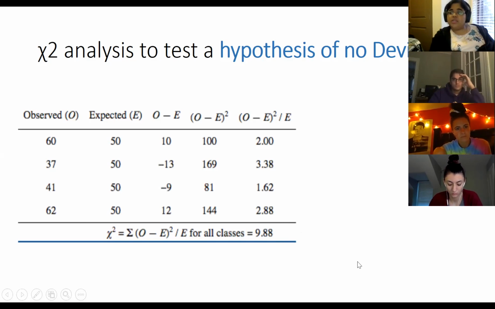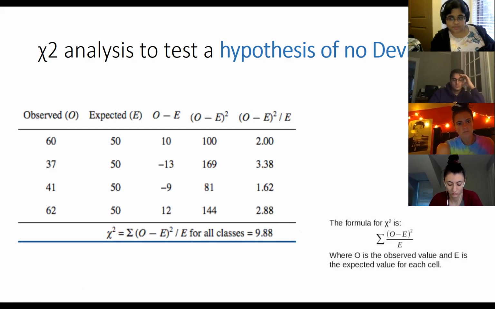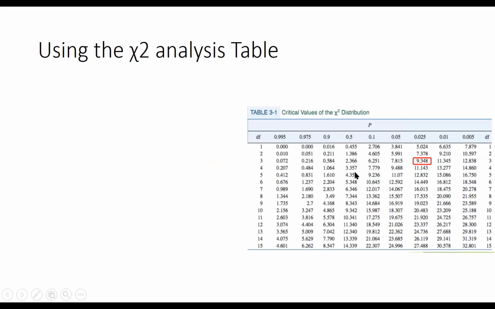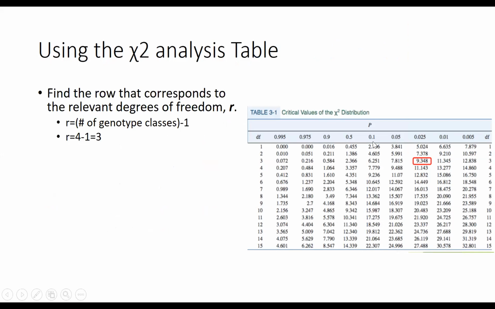9.88. So then to actually figure out if this works, that's just our equation again. You use what is called a chi-square table. In the chi-square table, to look at anything, you have to use the degrees of freedom, which is essentially the number of genotype classes minus 1.